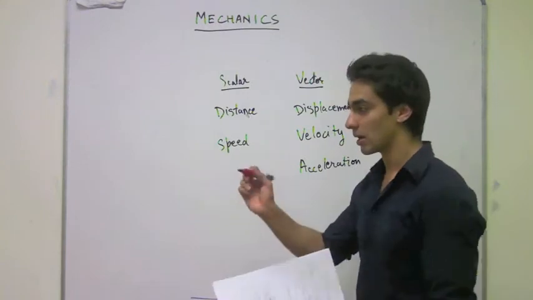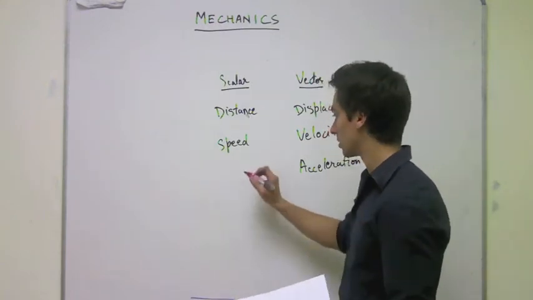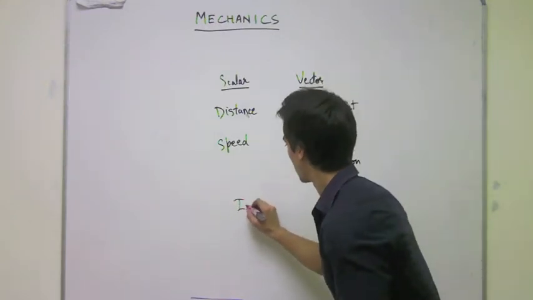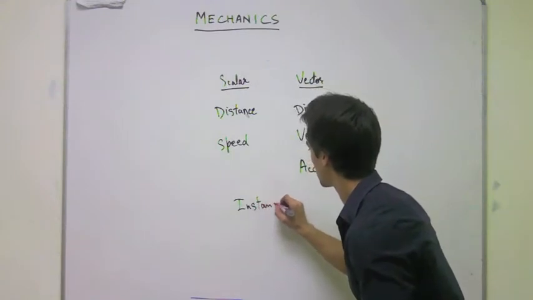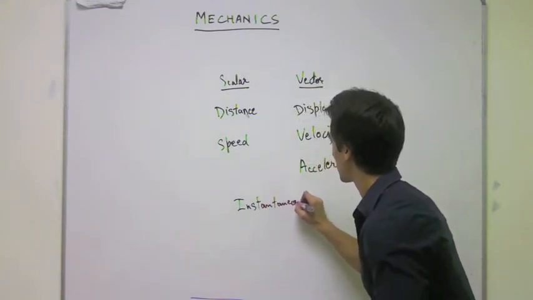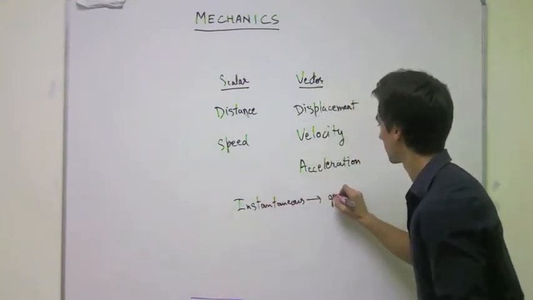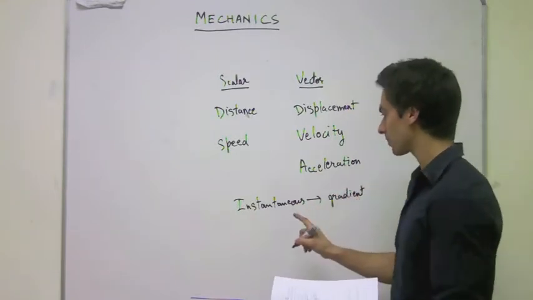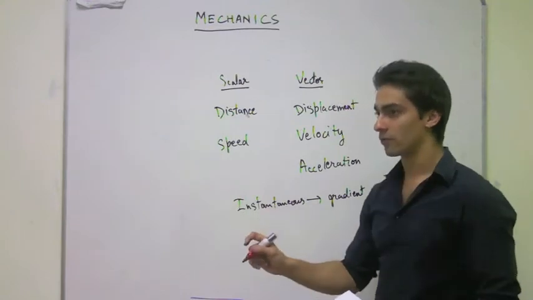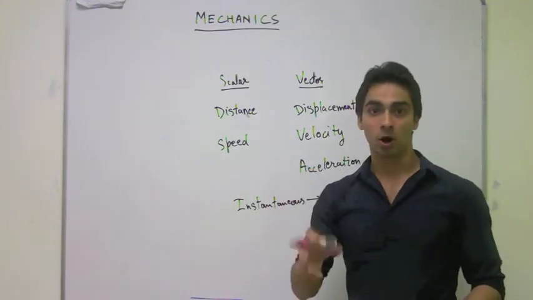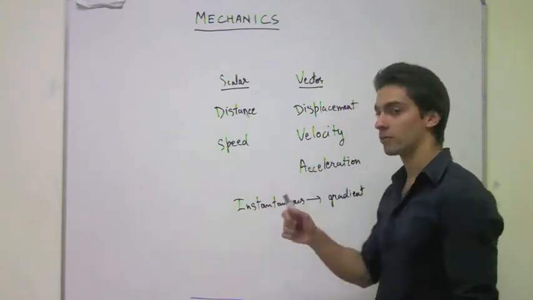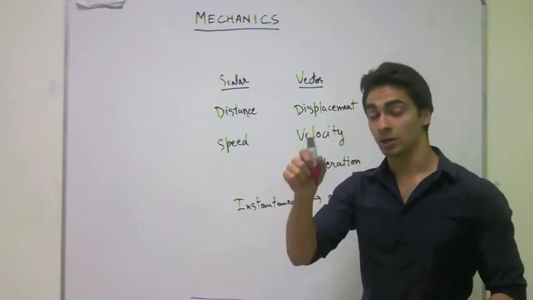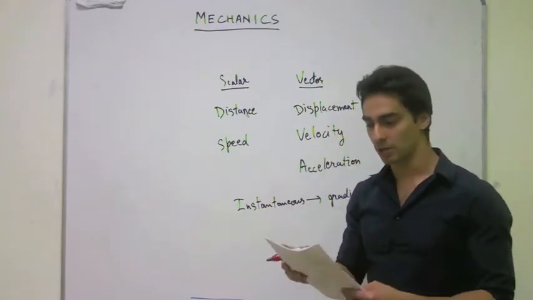Instantaneous values are at that very instant, so you take the gradient at that point in the graph. For example, if you want to find the instantaneous velocity, you will take the gradient of the displacement time graph at that particular instant.